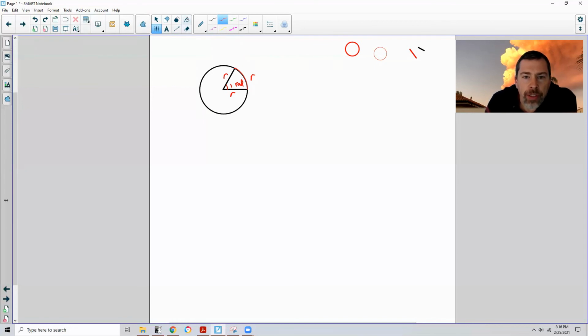Now I want to focus on this. If this is 1 radian, remember that a right angle, like so, is 90 degrees. If you have a straight line, this is 180 degrees.